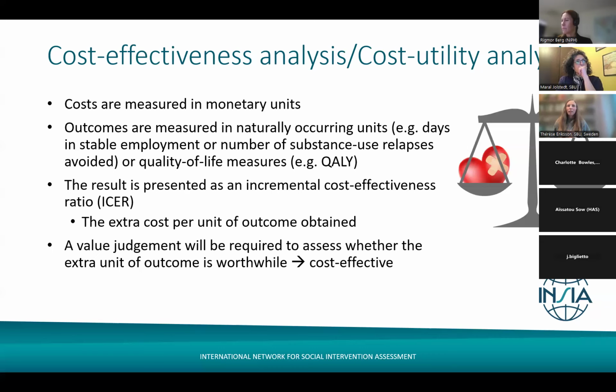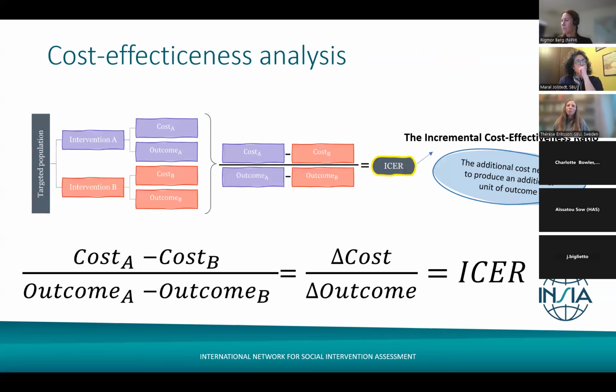So the cost effectiveness analysis can be structured like this. We have two interventions. We need to identify the costs and outcomes, and we compare the costs and the outcomes of the two interventions, and it generates this incremental cost effectiveness ratio, an ICER.